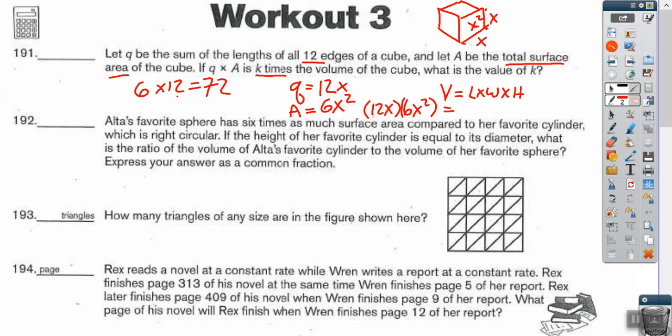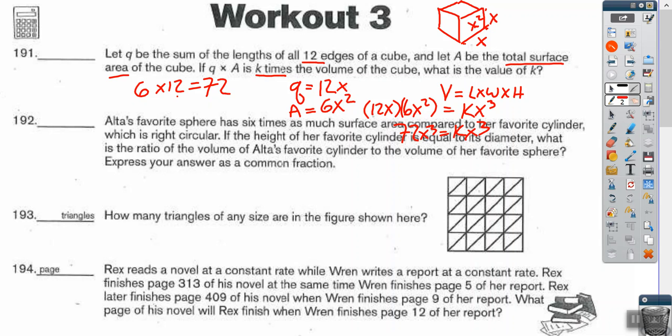Well, we know the volume is going to be X times X times X, so that's X to the third times some K value, some coefficient. Oh, well, wait a second. X times X squared is X to the third. Oh, so we get 72X to the third is equal to a constant times X to the third. So what must this constant be? 72.